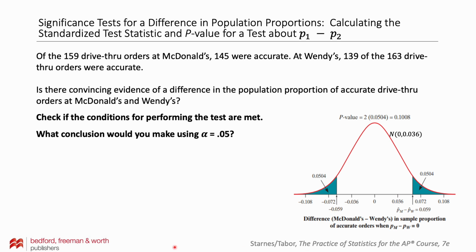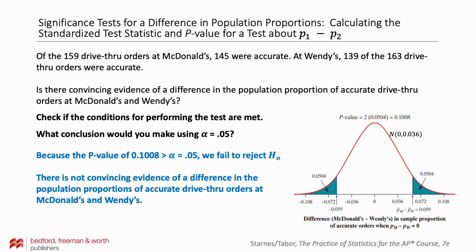It is two-sided there, because the p-value that we just found was 0.1008, which is greater than the alpha. Remember, we have different parts. So our first part, we fail to reject the null, okay? And we have that there's no convincing evidence of a difference in the population proportion of accurate drive-through orders at McDonald's and Wendy's.